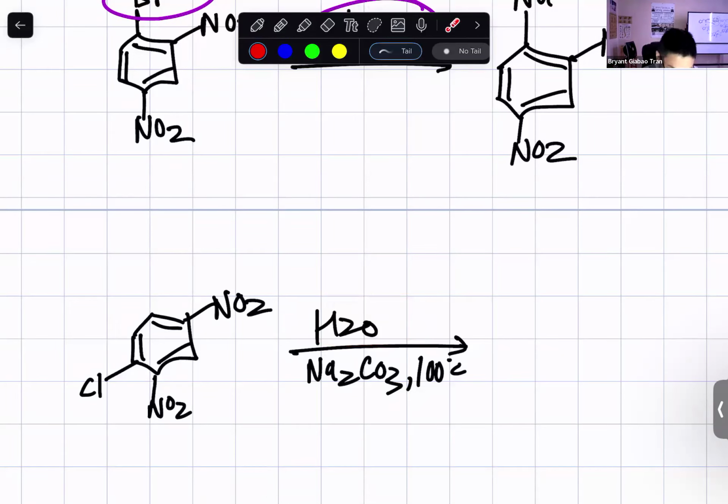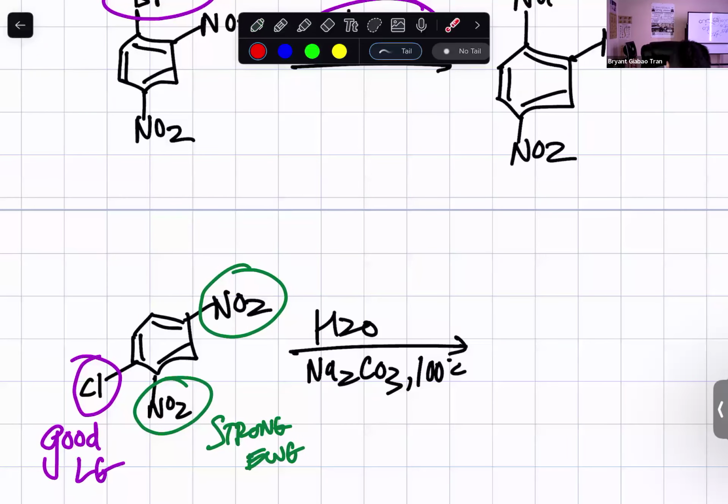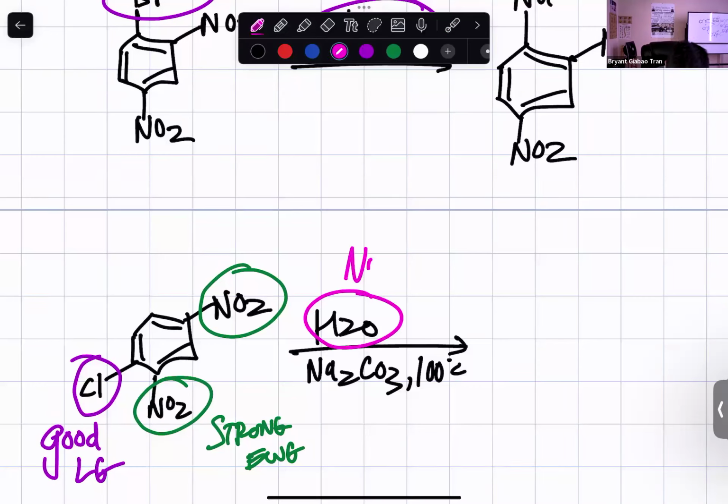So first, we have to see our benzene ring. There's a good leaving group present here, which is this chlorine. We have two strong EWGs here, and they are ortho to the leaving group, and we have our nucleophile here.